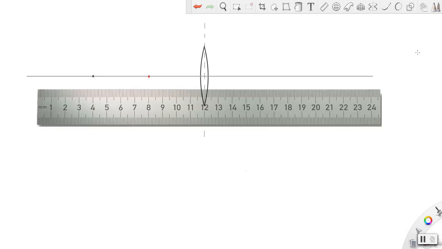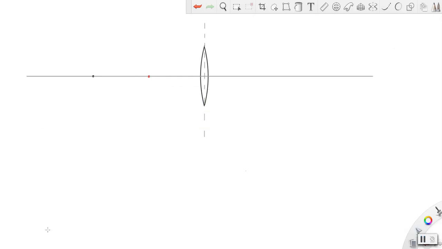So we can write these down now as a focal length of positive 4 centimeters and an object distance, P, of positive 8 centimeters. Don't forget that that P is always positive, right?